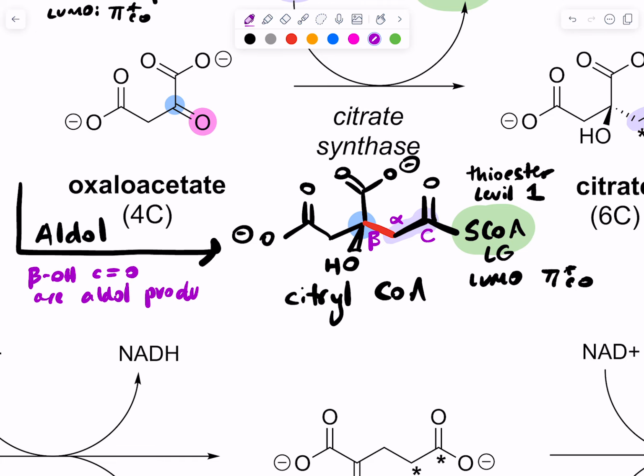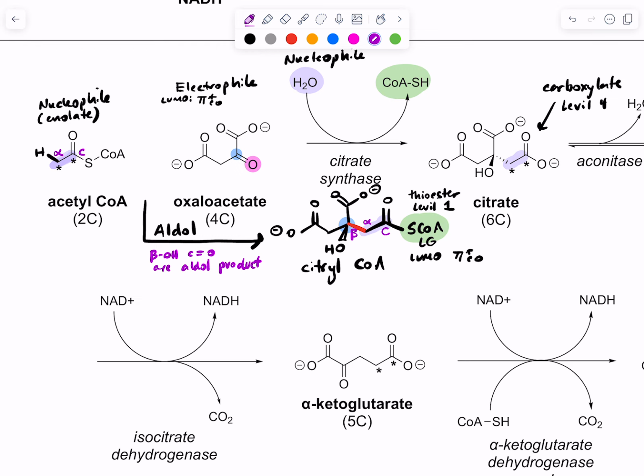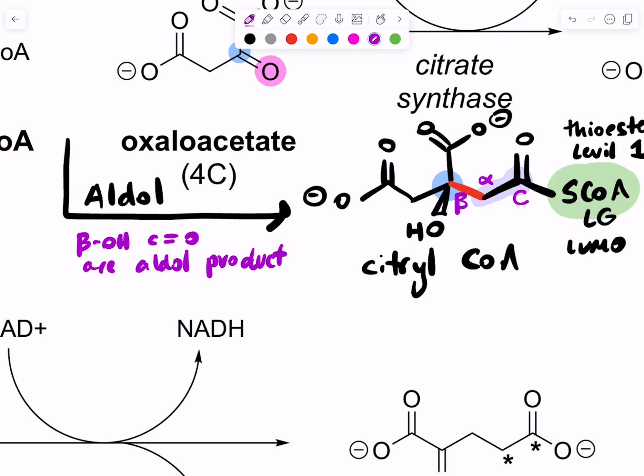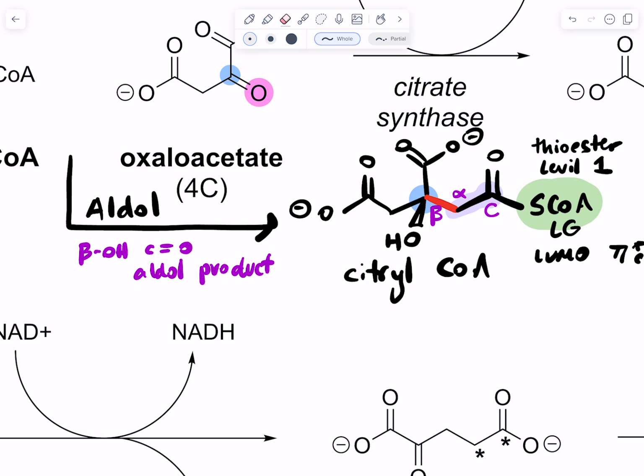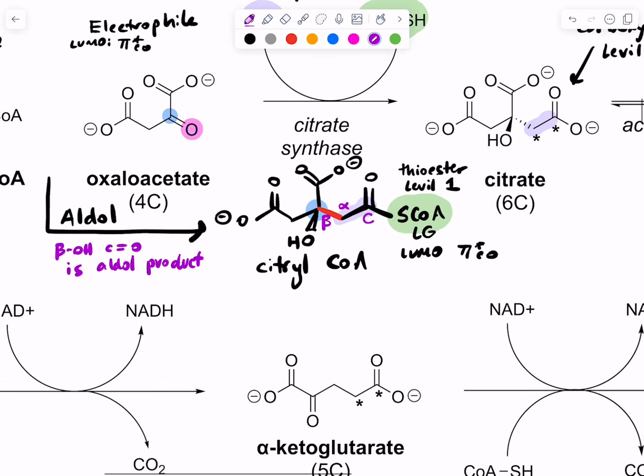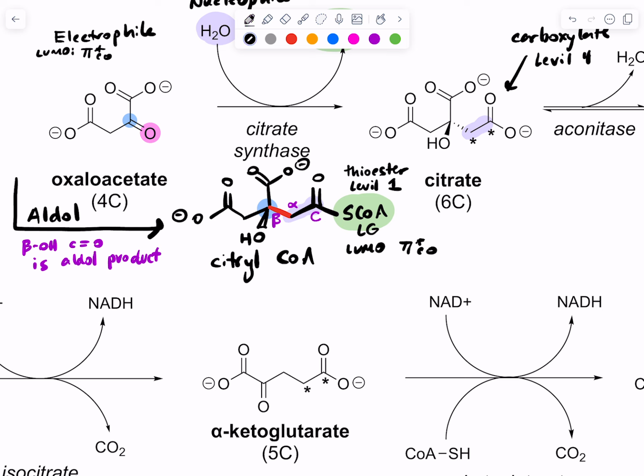So this involves an aldol reaction in the forward direction, reaction of an enolate nucleophile with a ketone electrophile to give a beta hydroxy carbonyl compound. Then the second reaction catalyzed by this enzyme, we would just call that thioester hydrolysis. And the thioester hydrolysis happens via a deprotonation, addition, elimination type mechanism.